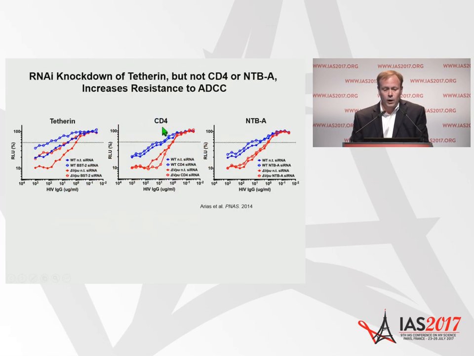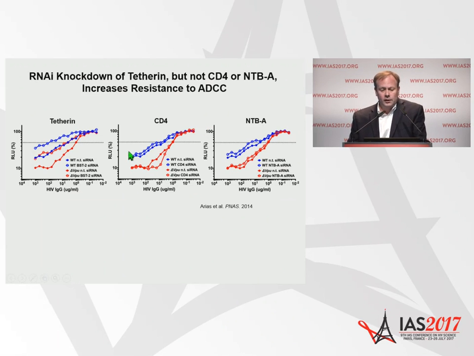But it doesn't tell us why. Like other proteins of the virus, Vpu has multiple functional activities. In addition to down-modulating and degrading tetherin, it can also down-modulate CD4 and NTB-A. CD4 is, of course, the primary receptor for viral entry, and NTB-A is a stimulatory molecule required for NK cell recognition. So in principle, any of these activities could contribute to the resistance of infected cells to ADCC.